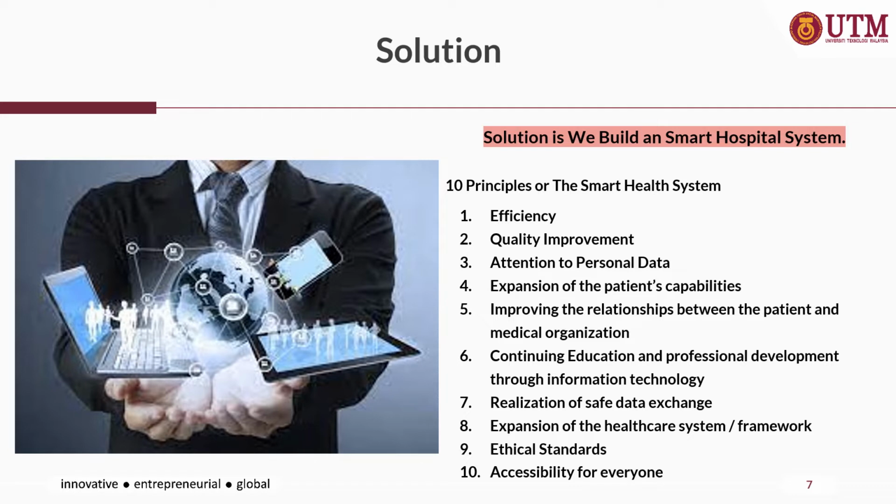First is efficiency, quality improvement, attention to personal data, expansion of patient capabilities, improving the relationship between patient and the medical organization, continuing education and professional development through information technology, realization of safe data exchange, expansion of the healthcare system or framework, ethical standards, and also accessibility for everyone.